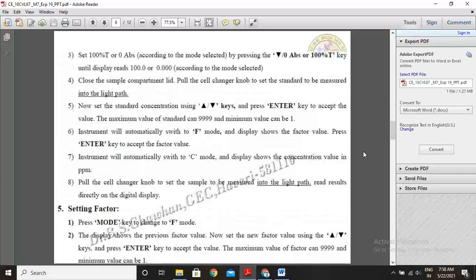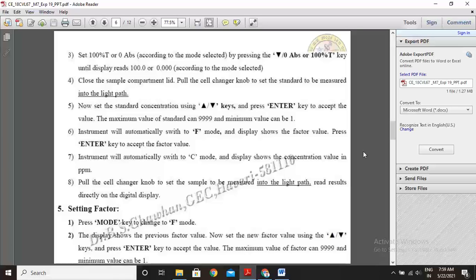Then set 100% T or 0 absorbance, according to the mode selected, by pressing the downward absorbance or 100% T key until the display reads 100 or 0. And next step, close the sample compartment lid. Pull the cell changer knob to set the standard to be measured into the light path.